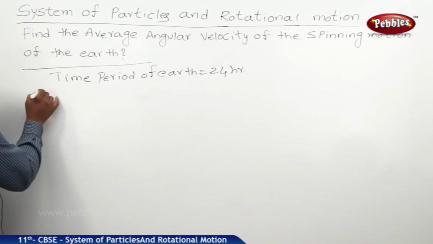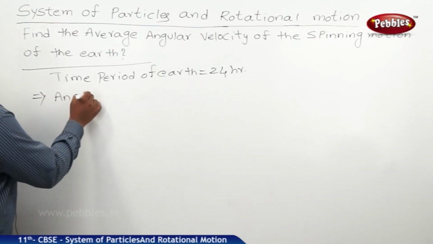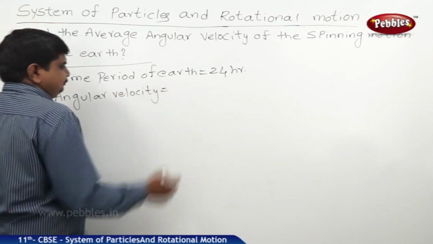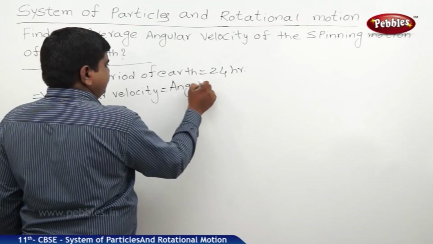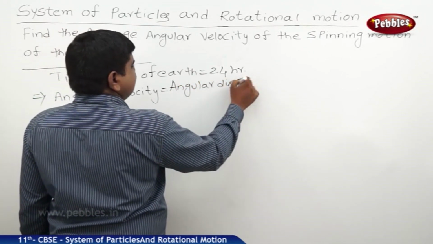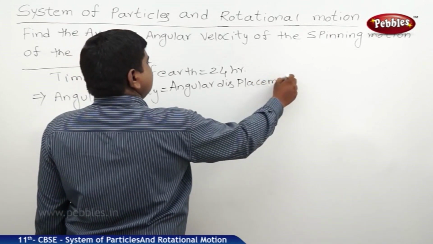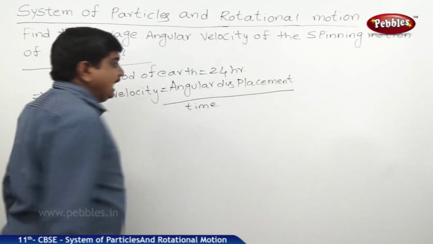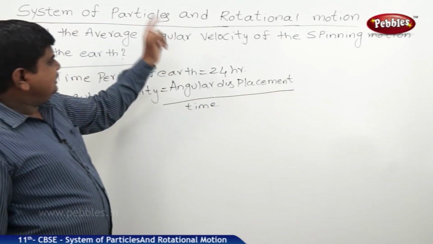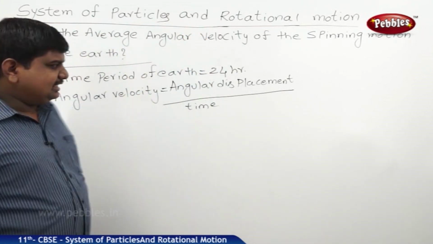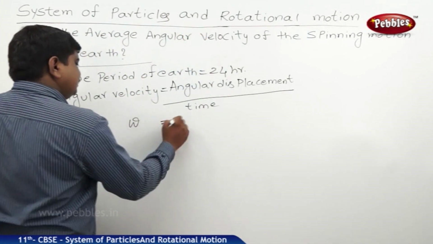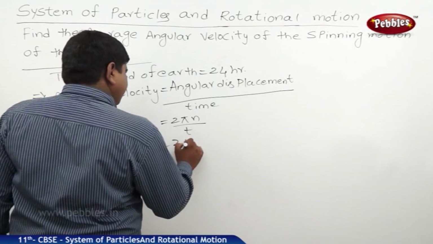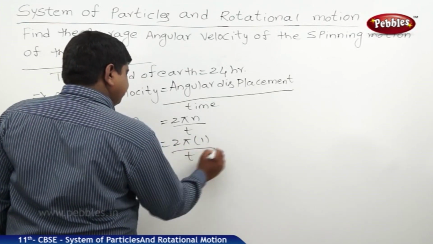Angular velocity is equal to angular displacement by time. Here it is average angular velocity, so for one complete rotation the formula is omega equal to 2 pi n by t, 2 pi into 1 by t.